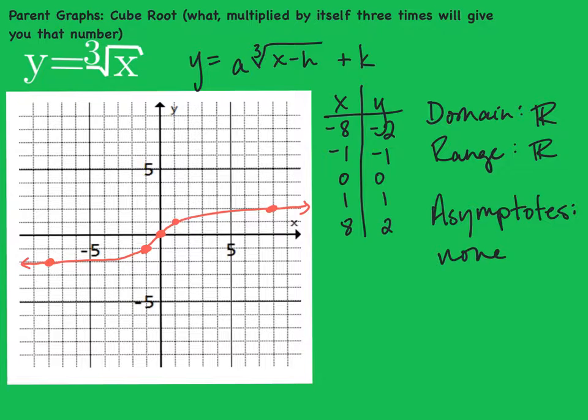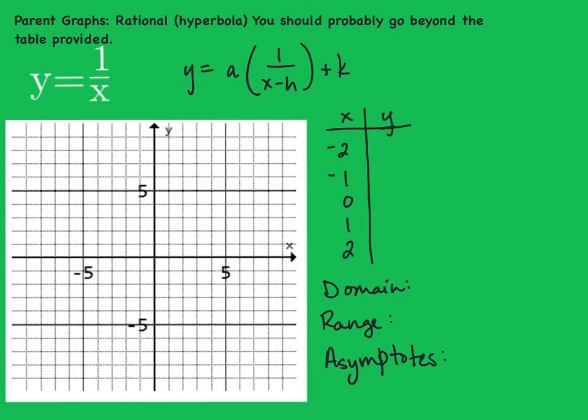And once again, that point right there, 0, 0, our little swoopy point, that's our locator point. That is the HK that you will build the rest of that graph around as we start to do graph transformations.